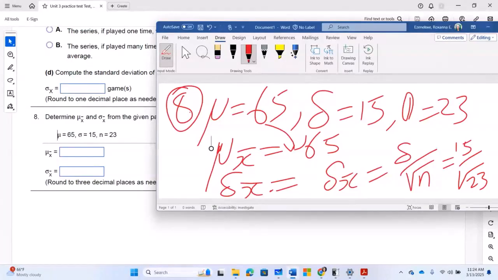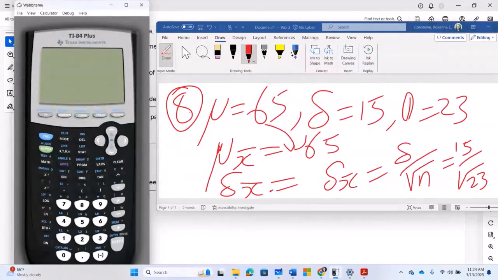You can use your calculator to evaluate 15 divided by the square root of 23. That is the standard error.